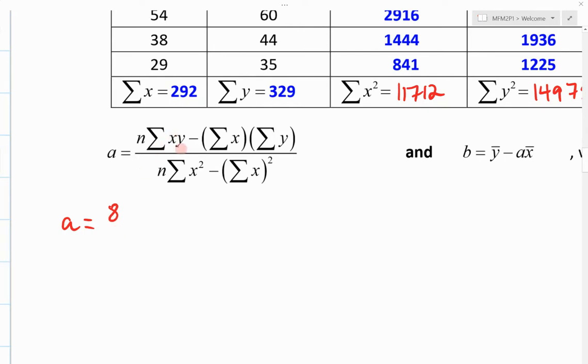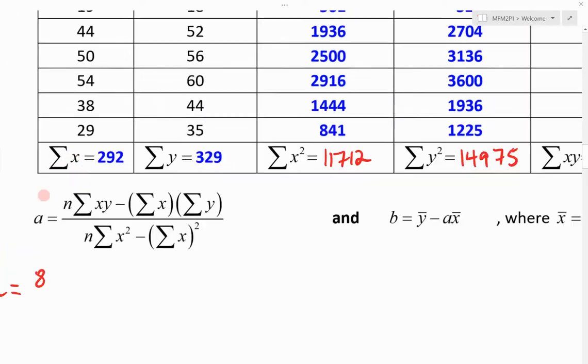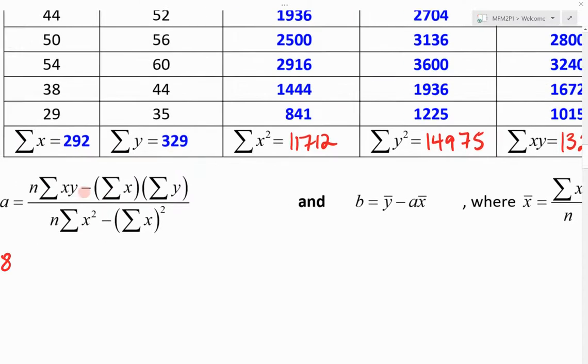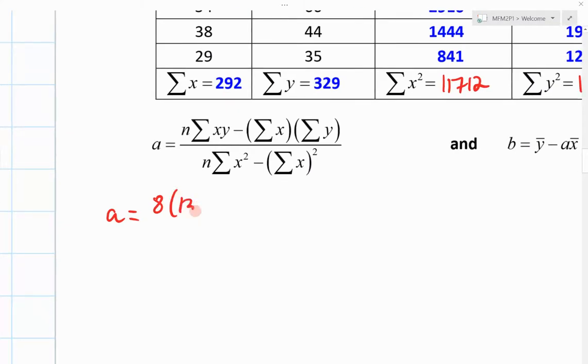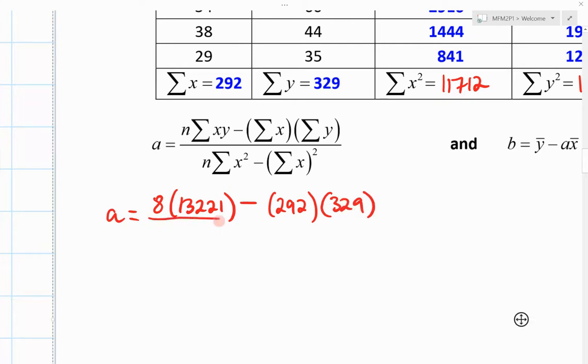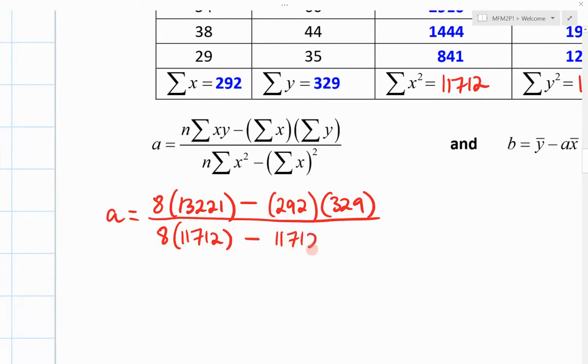The sigma xy, we can get from over here, 13,221, minus the sum of all the x values, 292, multiplied by the sum of all the y values, 329. Then we divide everything by n, which is 8. And the sum of all the x squared values, we calculated that to be 11,712, and subtract the sum of all the x values squared, divided by 8 again.